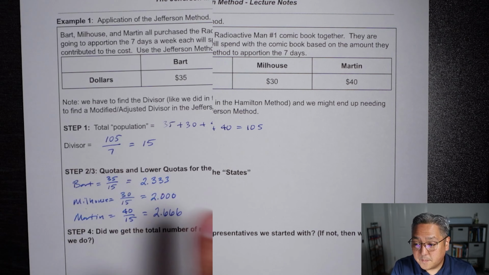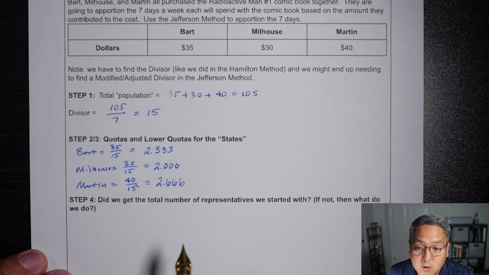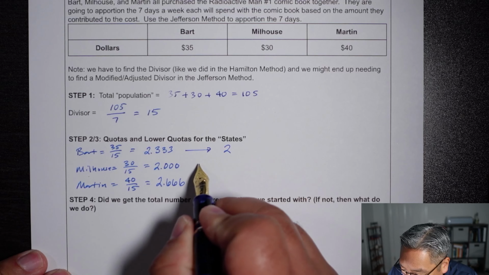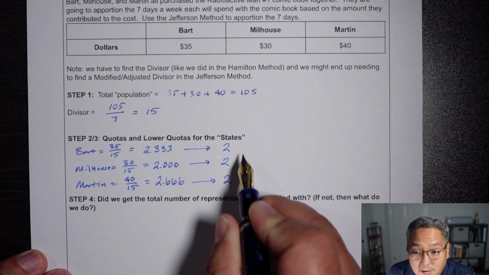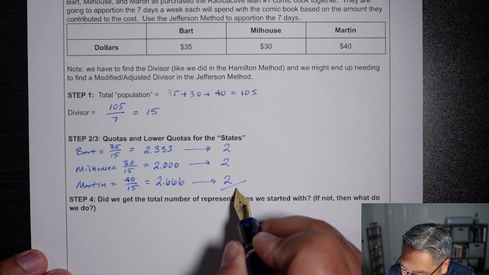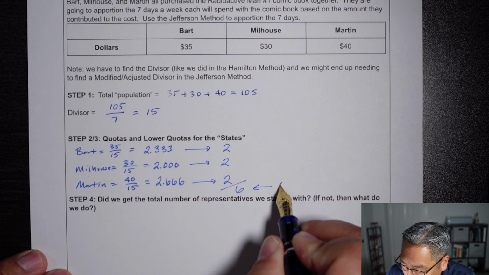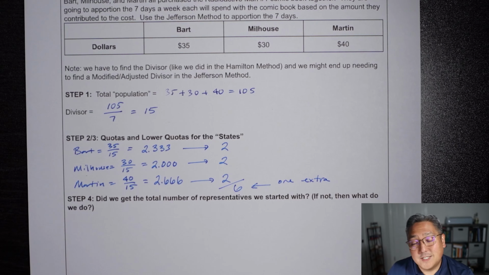Okay. So I went ahead and typed into a calculator, got my quotas for all of these guys. This becomes our lower quotas of 2, 2, 2. When we add these up, we get 6. So we're short by 1, right? So 1 extra day is still out there.